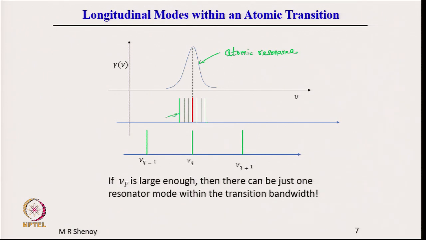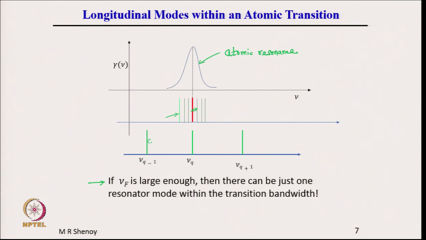These lines are cavity resonances, and if we can somehow increase the separation between the cavity resonances, that is, nu f, the free spectral range, if nu f is large enough, then there can be just one resonance.